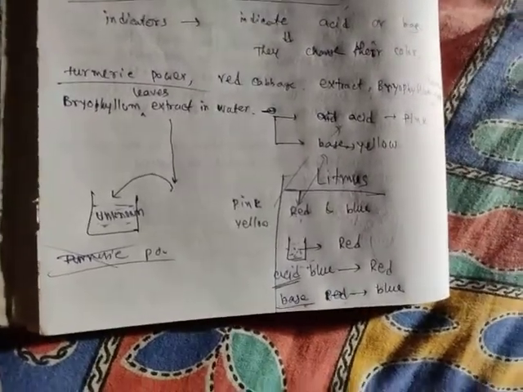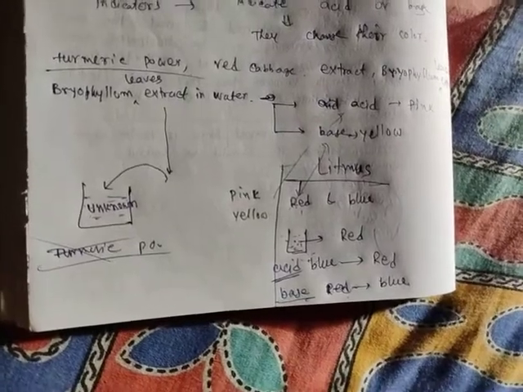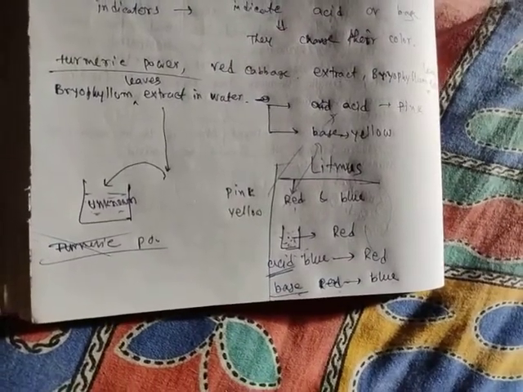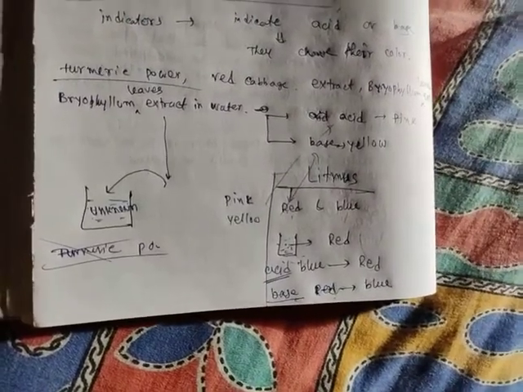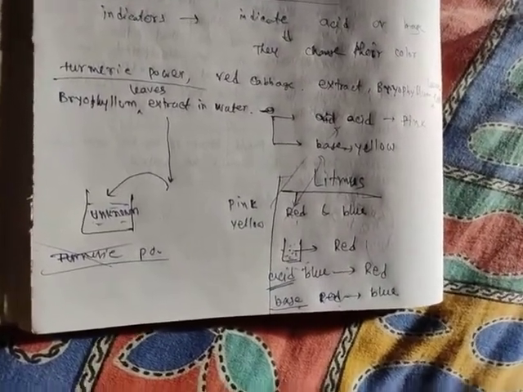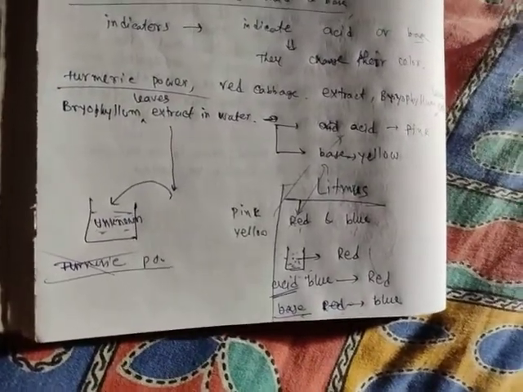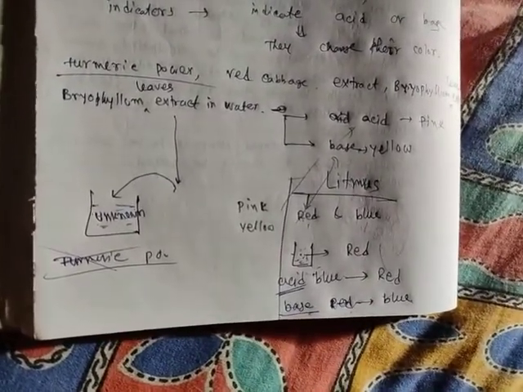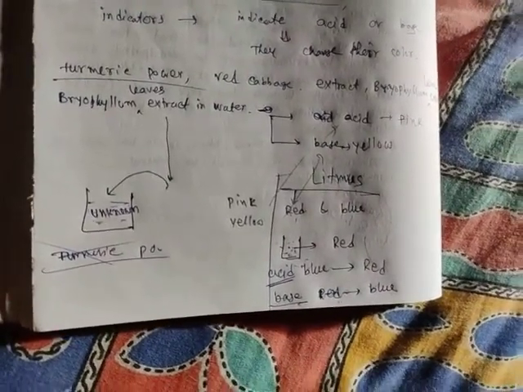There are some indicators like methyl orange. Methyl orange gives red orange color in acid and orange color in base. And phenolphthalein is colorless in acid solution, and it gives pink in base solution.